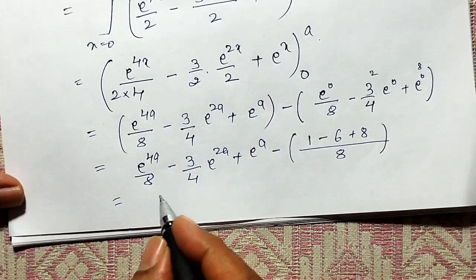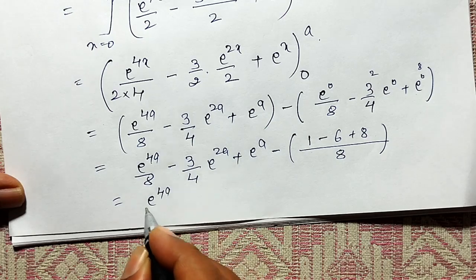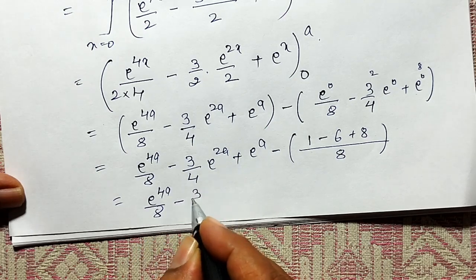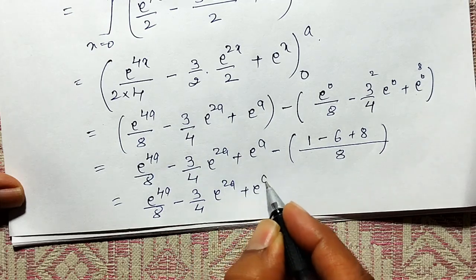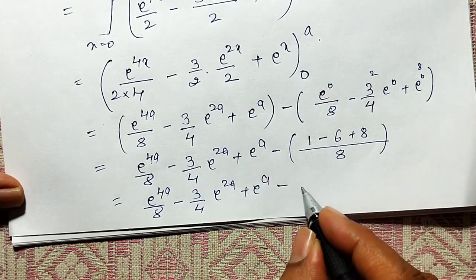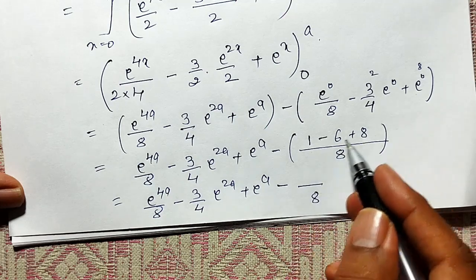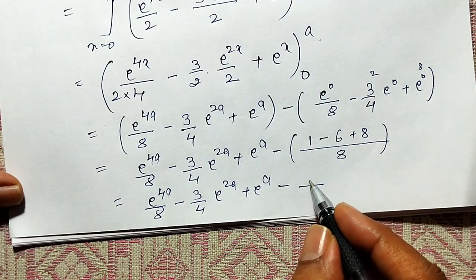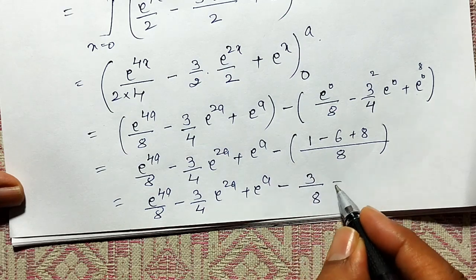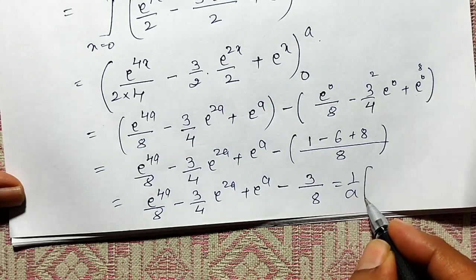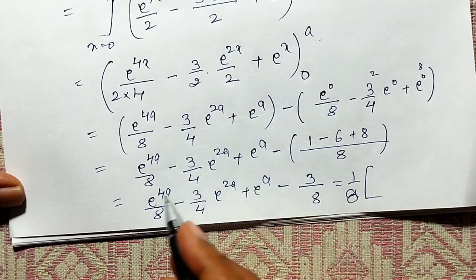what I am going to get is e raised to 4a divided by 8 minus 3 by 4 times e raised to 2a plus e raised to a, minus, LCM is already 8, and 8 plus 1 is 9, 9 minus 3, that is 3, minus 3 divided by 8, or you can take 1 by 8 common from all the terms.